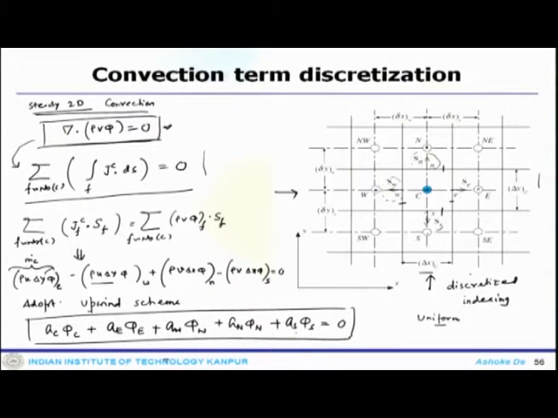If, on the other hand, someone uses second order upwind, he might end up getting one more coefficient from this cell, one more from this cell, and one more in the y direction. So a few more coefficients will appear.